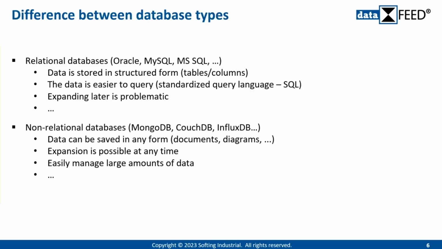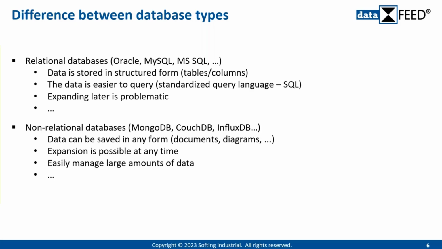Why? Because if you see the differences between the databases, it's not focused on how to get access to the data, it's focused on how they are structured. The relational databases, like the already, I think, well-known databases from Oracle, MySQL or Microsoft SQL, store the data in structured form in tables and columns. This is the typical way since, I will say, decades.